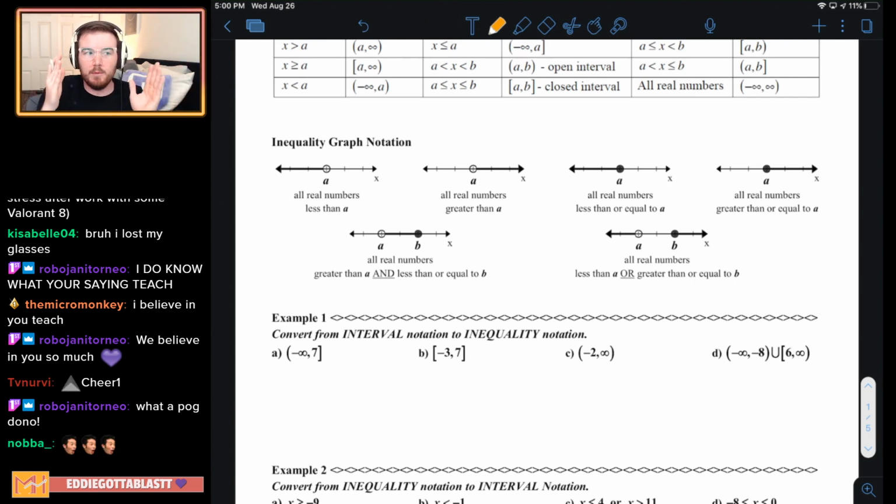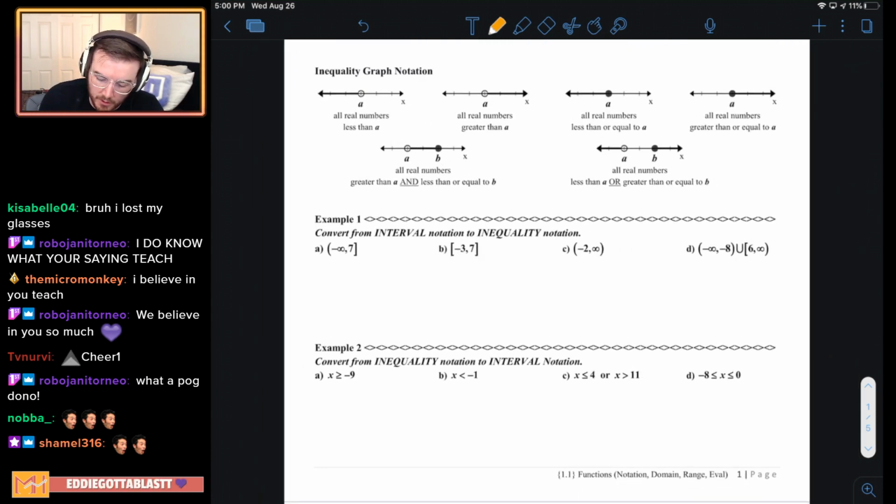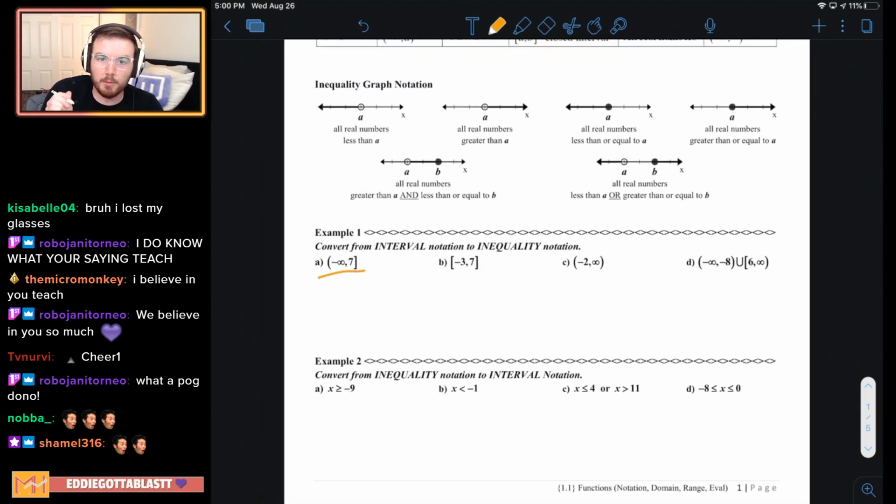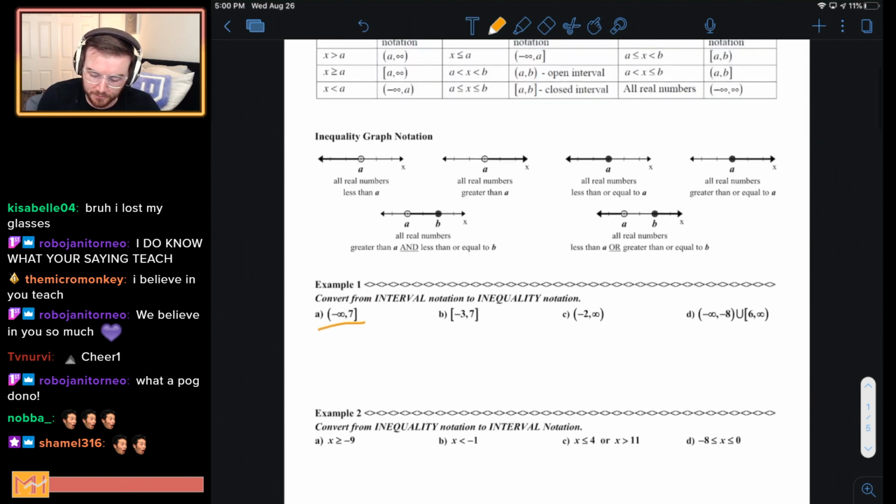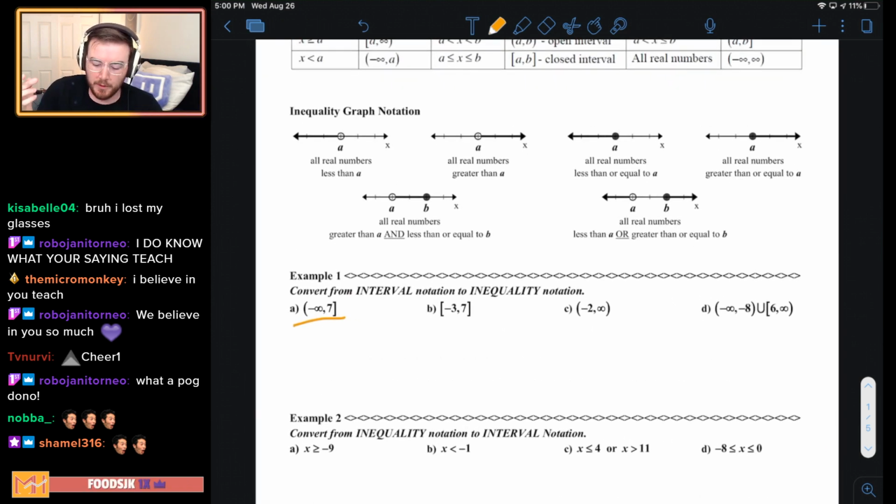Sometimes the answer is not just a single number, it's a whole range of values. So we have to be able to describe that range of values using some unique symbols. So this interval notation here, using parentheses and brackets, what does that represent?